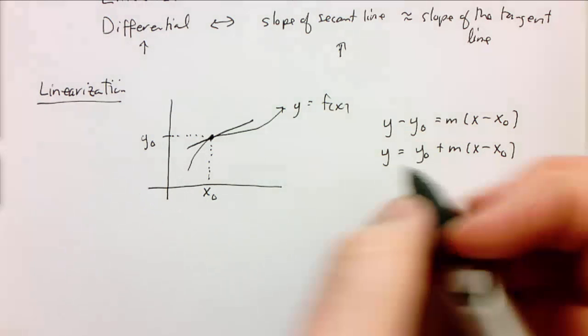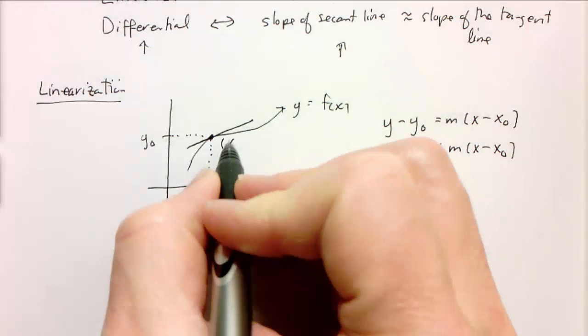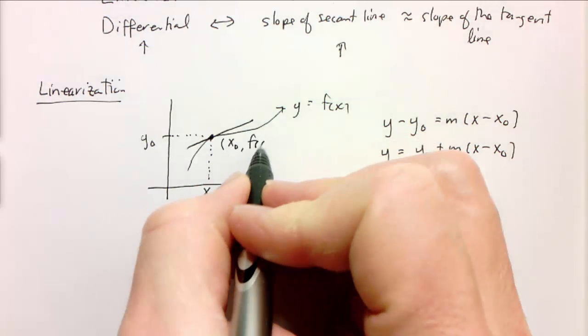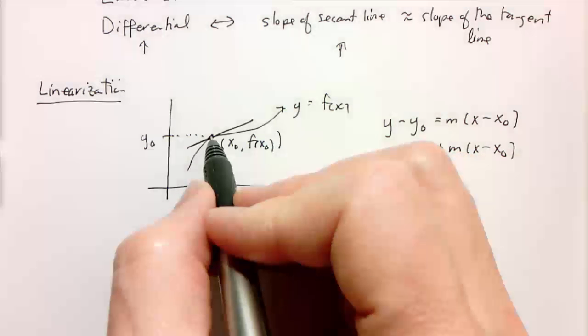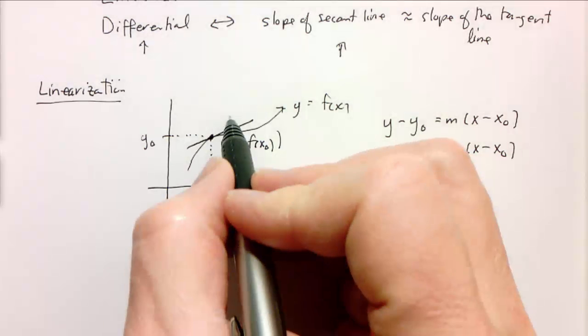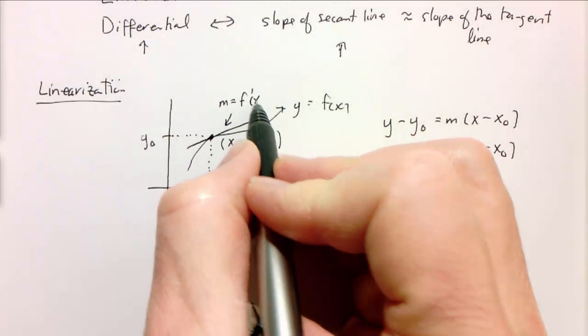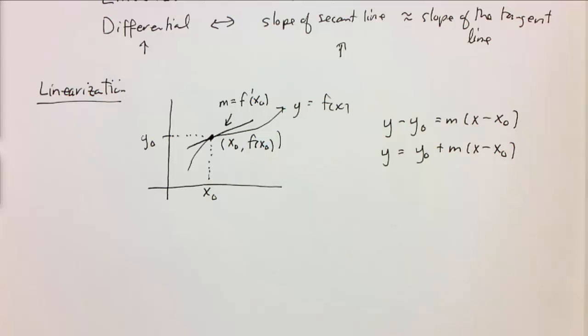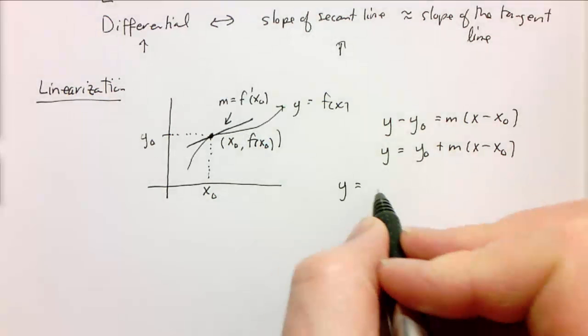Okay, so in order to come up with the y-coordinate here, we evaluate our function. And in order to find the slope of the tangent line here, we evaluate our derivative. So now I'm going to take those ingredients and put them into the equation over here. We get y equals y0.